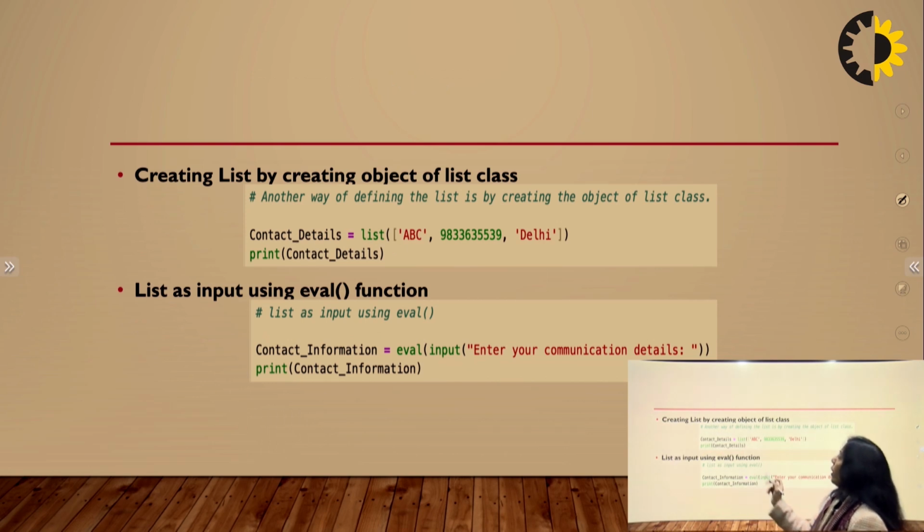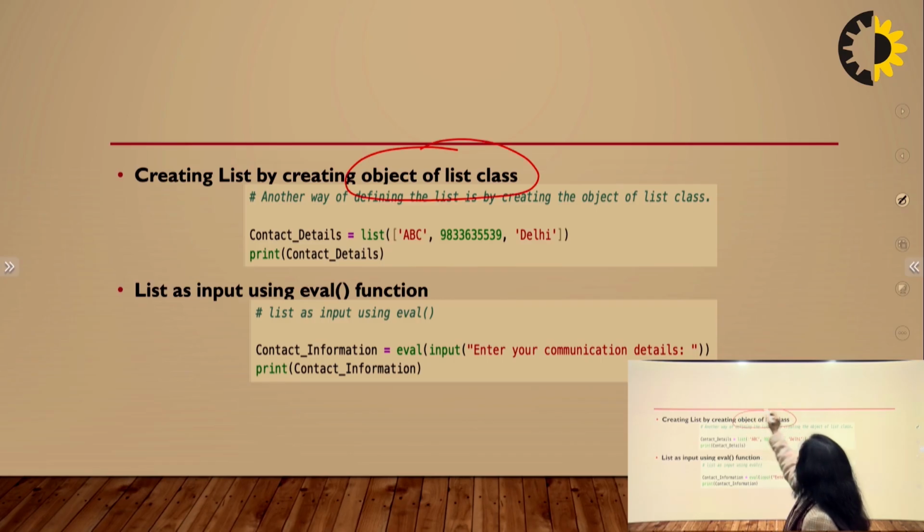Also, we can create the list by creating an object of the list class. Since Python has the object oriented concept, it's an object oriented programming language. So, here we have various classes. List is a class and we can make an object of this particular class.